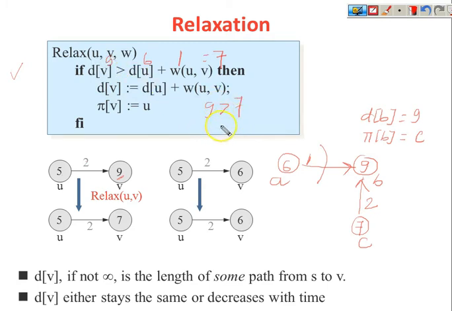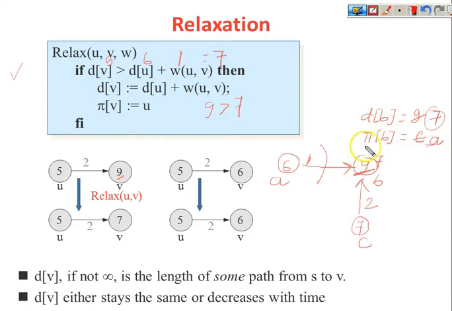So we need to change this. So what we are going to do is change this value and make it 7. That means we have to update both pieces of information. We will write that the new d value of B is 7, and this is possible through the path from A. That means the next time we update this information, the distance to node B is 7, and we will be going through vertex A, not from C.